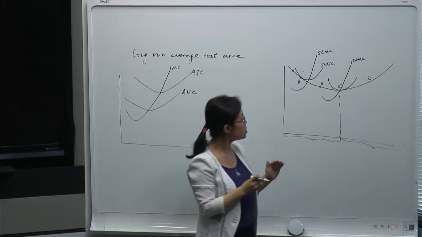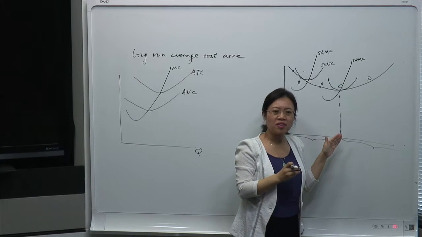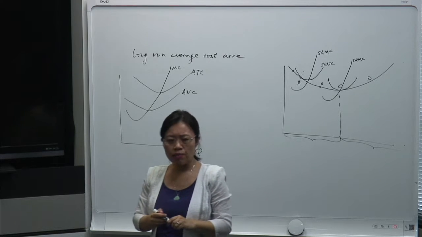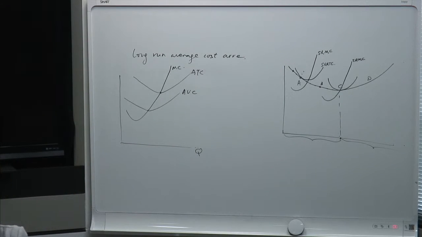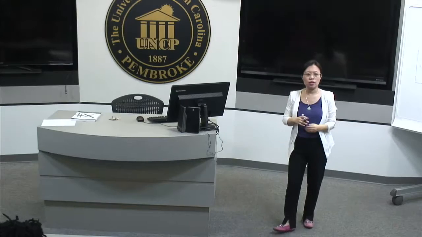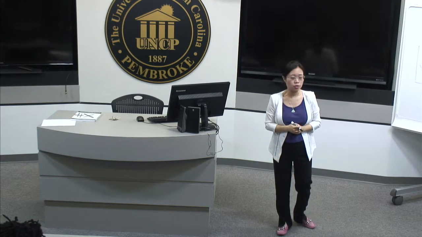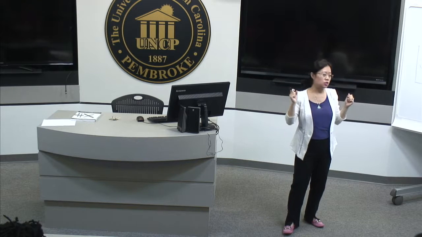Now the firm has increased the scale to a certain level, but they still want to increase it. You will see from the news that two firms decide to merge together. They decide to get bigger, or they want to open another branch in a different location or in another country. Those are examples of expanding, increasing the scale.